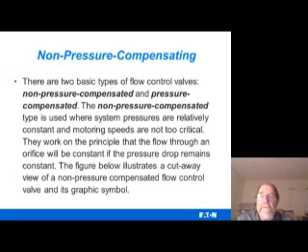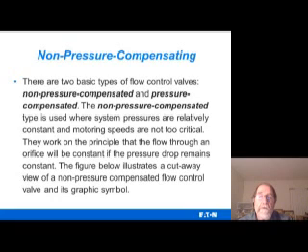Non-pressure compensation. There are two basic types of flow control valves. You have the non-pressure compensated and pressure compensated. The non-pressure compensated type is used where the system pressures are relatively constant and actuator speeds are not too critical. They work on the principle that the flow through an orifice will be constant if the pressure drop remains constant.